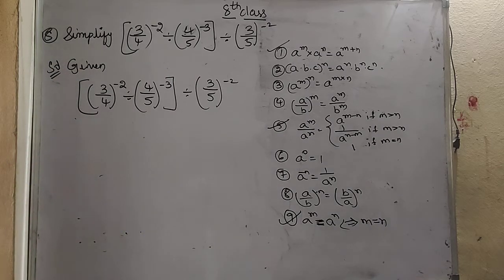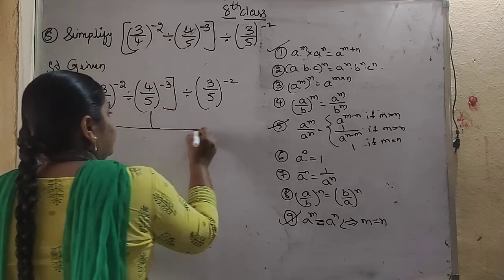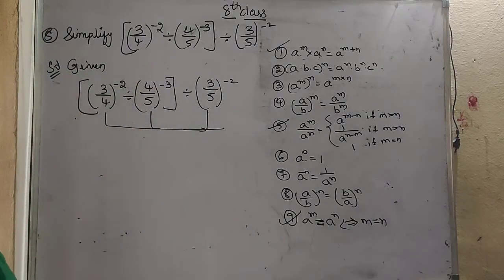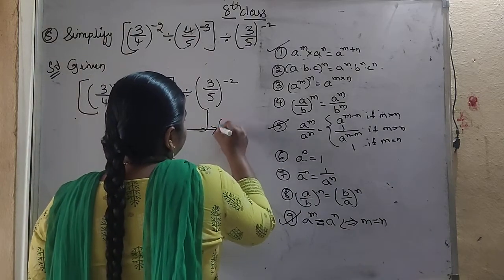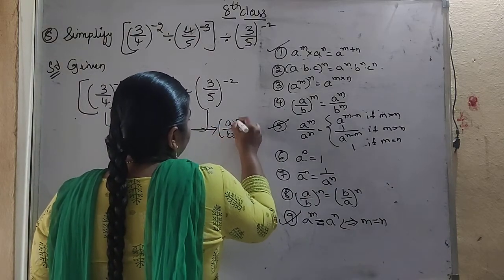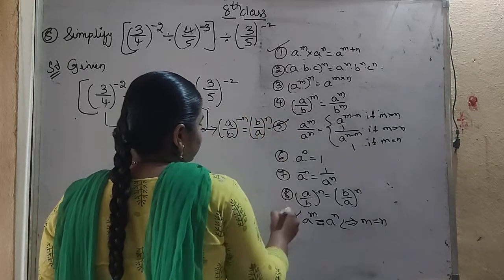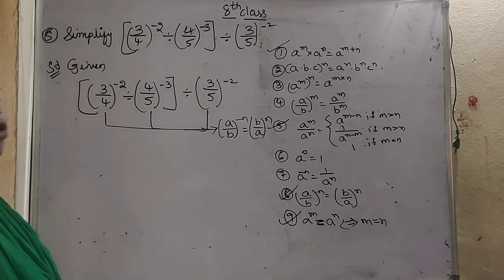Which formula am I using? Here, for all the terms I am using the same formula, that is a by b whole power minus n is equal to b by a whole power n. So this eighth formula I am using. I will reciprocal all the terms and the power will be converted to positive.